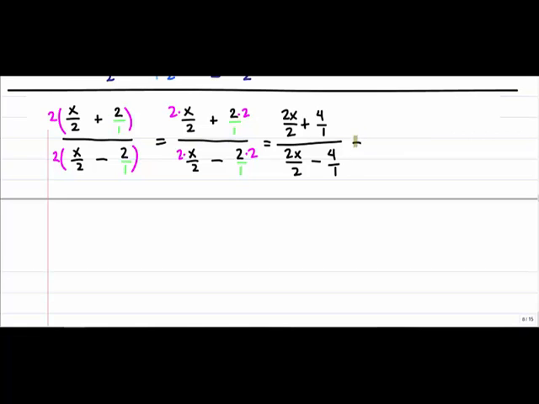But lo and behold, just like I said a second ago, this simplifies to x plus 4 in the numerator and x minus 4 in the denominator, because those divide off, and then 4 over 1 is 4. So that's actually a little bit easier of a technique.